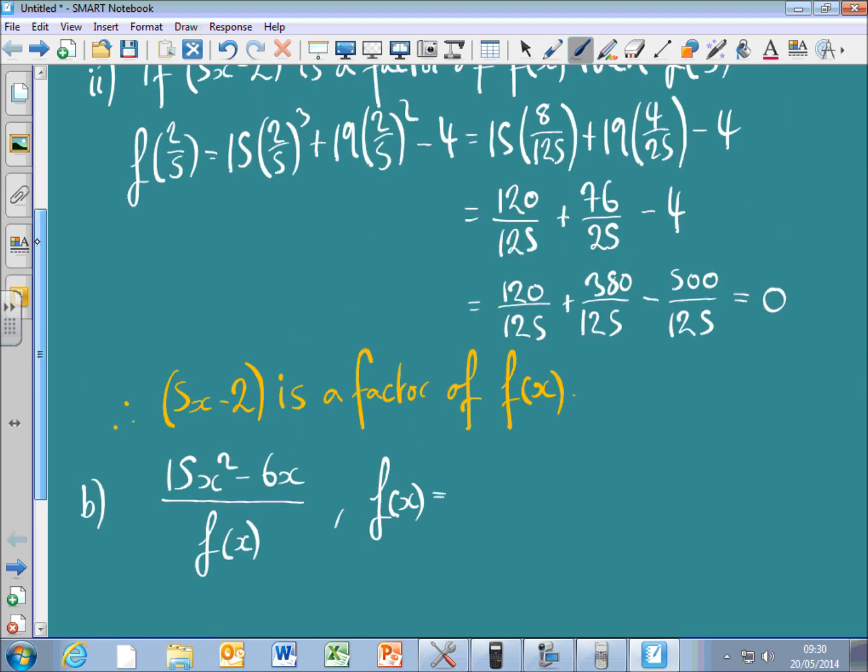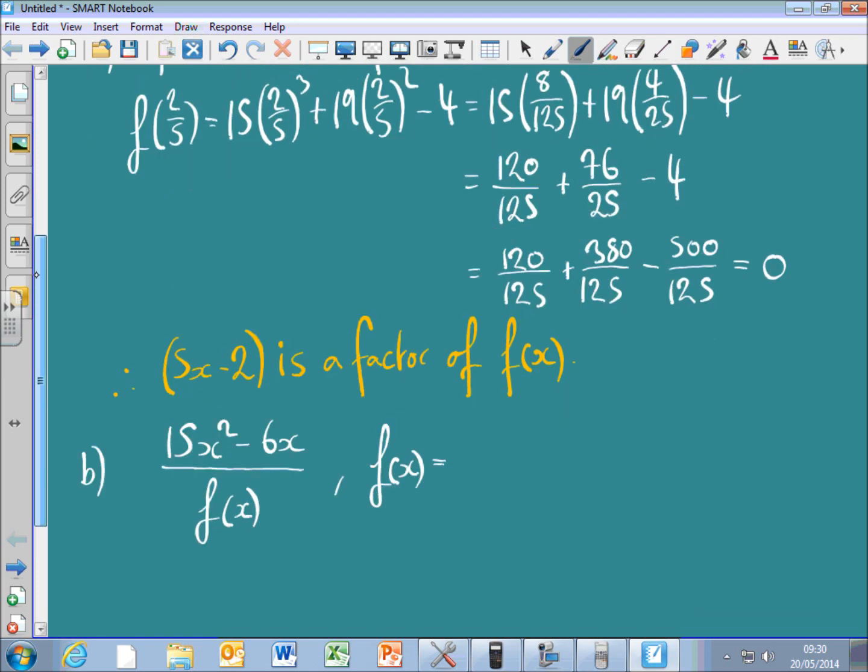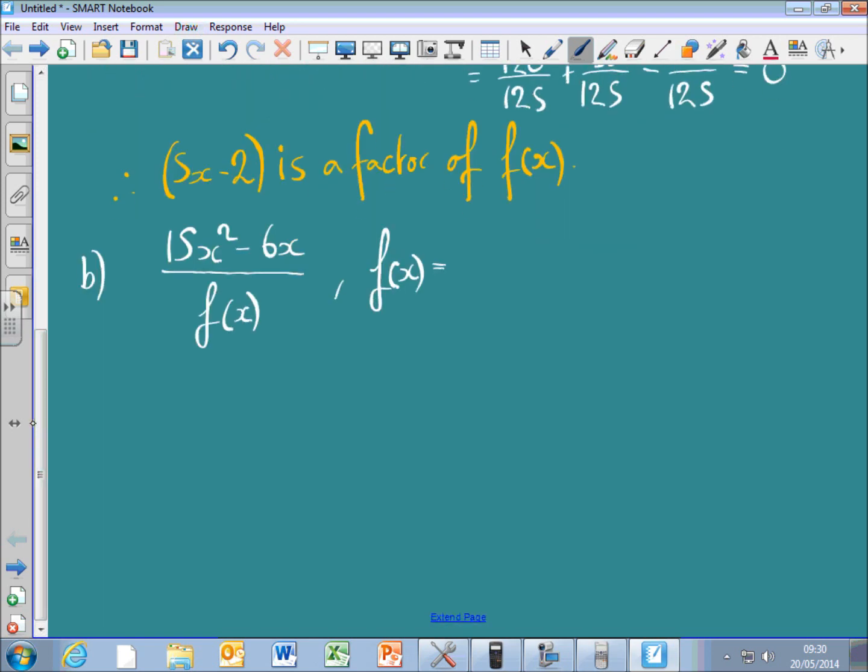So we've got the first factor is x plus 1, we found from part A, and then another factor is 5x minus 2. Because it's cubic, there's going to be another factor here, ax plus b, and we're going to find out what they are. And we know it should all equal 15x cubed plus 19x squared take 4.